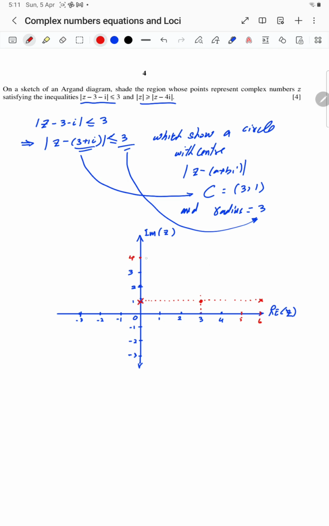So I can place this. Or you can plot this by opening the compass with a scale to 3 centimeters radius, and you can plot a circle then. From here it will be 1 down and -2 and 3 will be here.